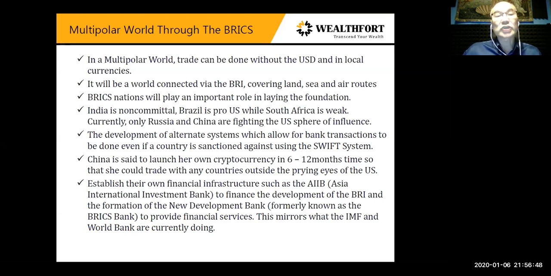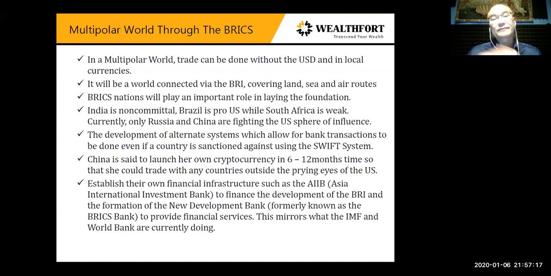That is why they see the urgency to come up with an alternate system. China is set to launch her own cryptocurrency in 6 to 12 months' time, so that she can trade with any countries outside the prying eyes of the US, because cryptocurrency trades on a blockchain, which is very secure. That cryptocurrency will still be renminbi.